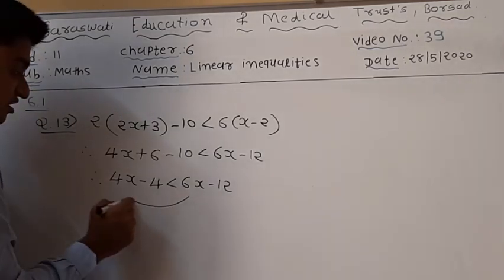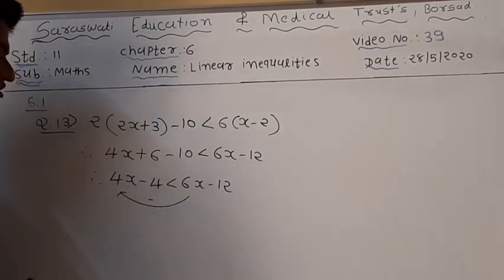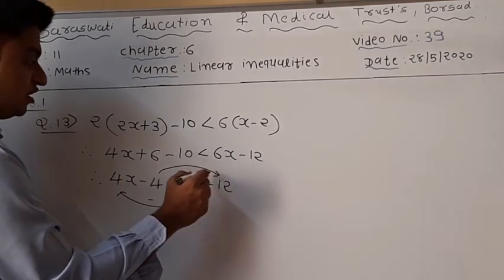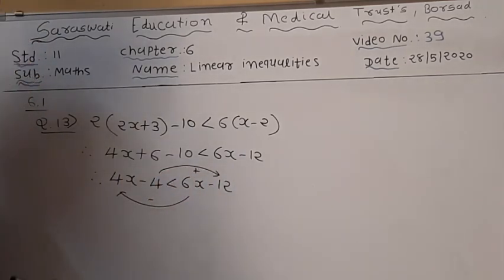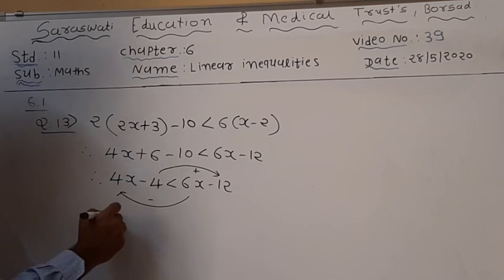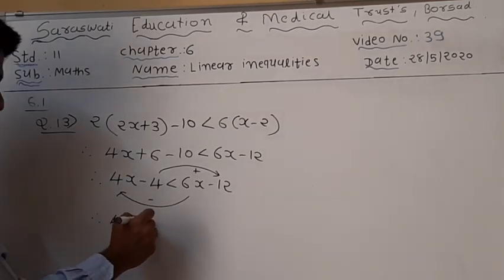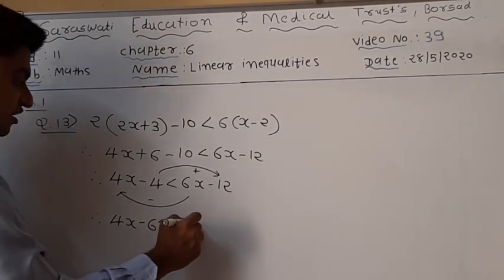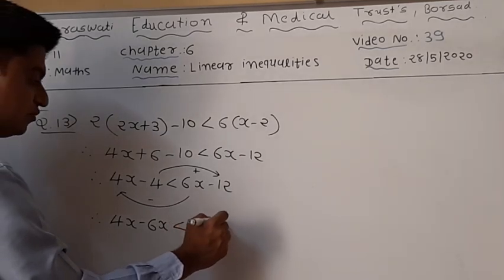Write 6x on the opposite side and change the sign; write minus 4 on the opposite side and change the sign. So 4x minus 6x is less than minus 12 plus 4.